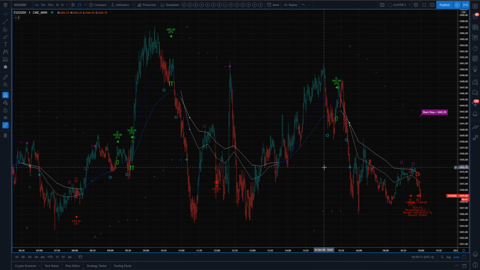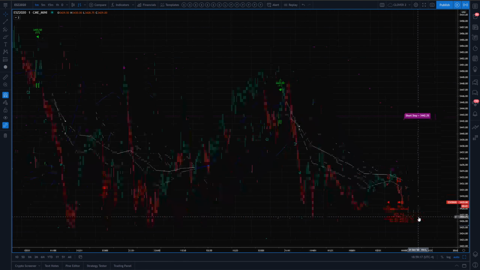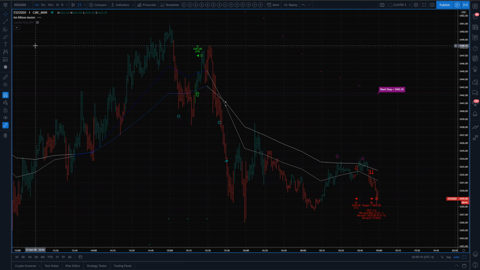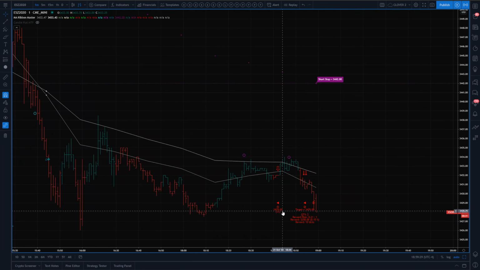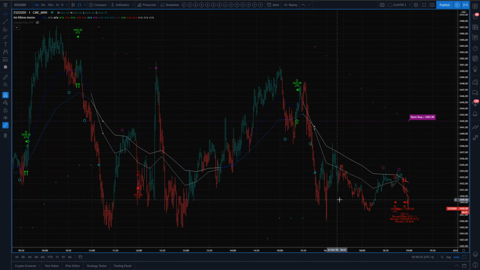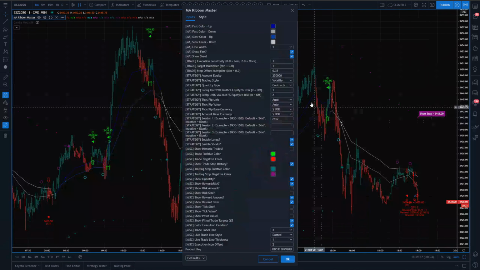You don't want to risk a lot on the swing, you just want to risk a little bit. Let this update. So it just says 2 for the scalp, and if I hover over this in the past, it says quantity swing was 1, quantity scalp was 2. So this is using the same number of contracts every time.